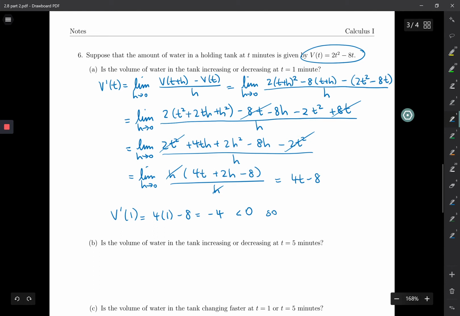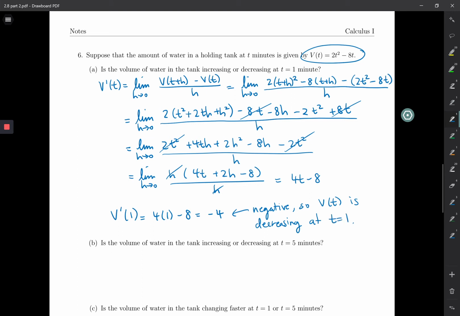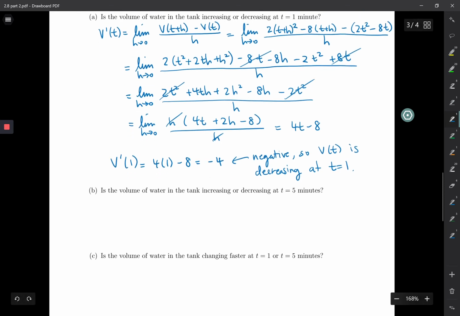Let me write this out a little nicer. This is negative, so v of t is decreasing at t equals 1. All we had to do was plug in the time that we cared about, and check whether it was positive or negative. That will tell us whether the function is increasing or decreasing.